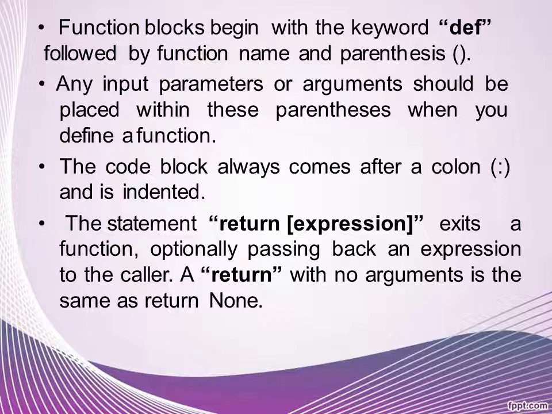So third point: the code block always comes after the colon. The arguments are passed within the parentheses of open brace and close brace, and it is indented. Indented means you should use the colon every time.